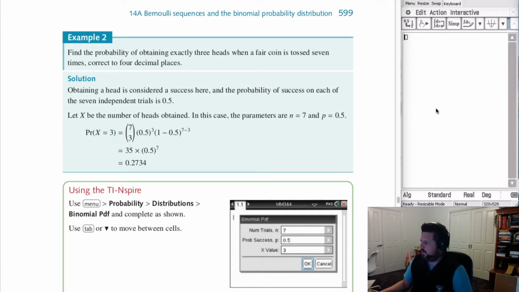Now, the good news as well is you can do this on your ClassPad calculator. To do this, what you would do is you'd go to the main section.